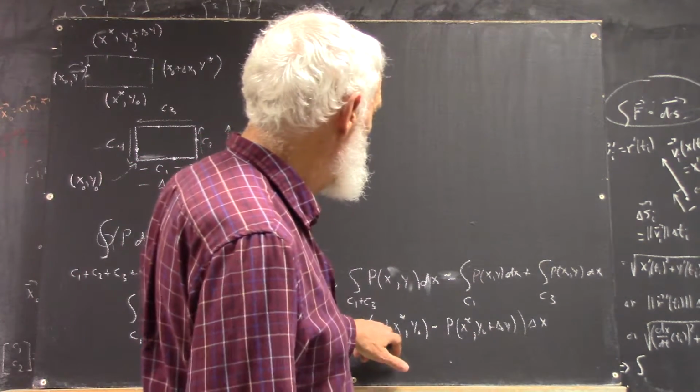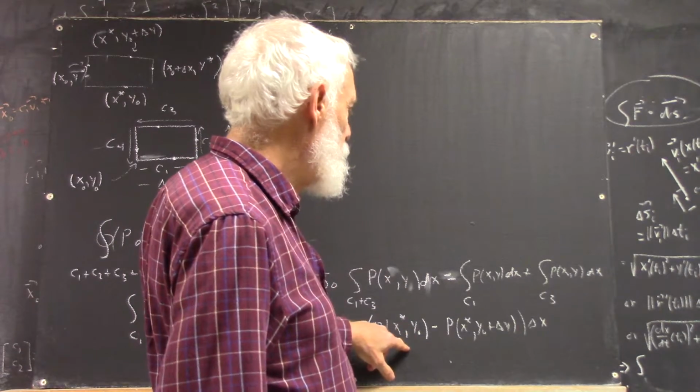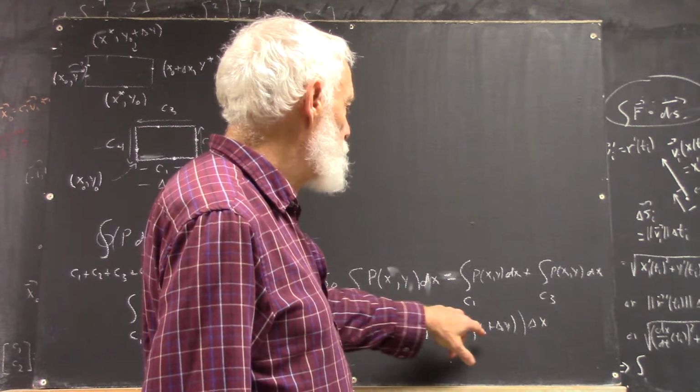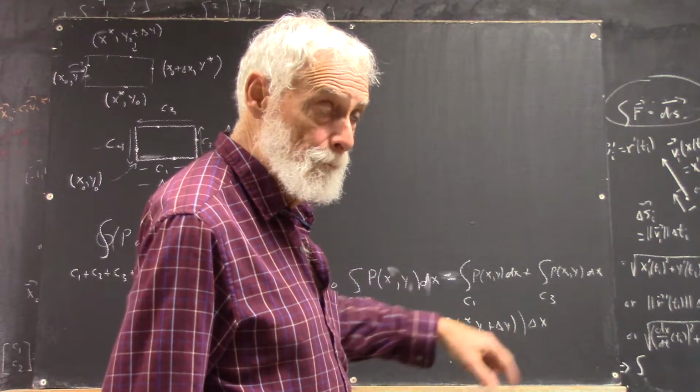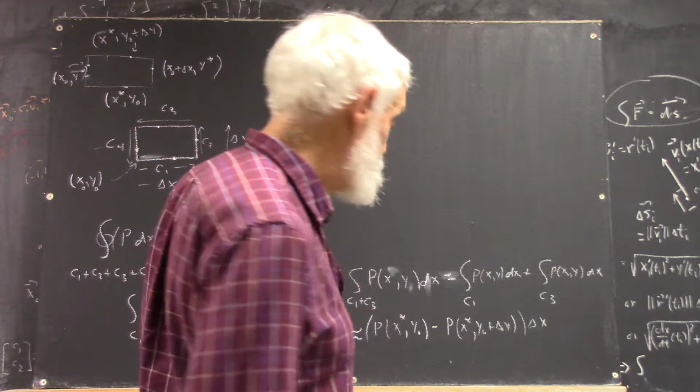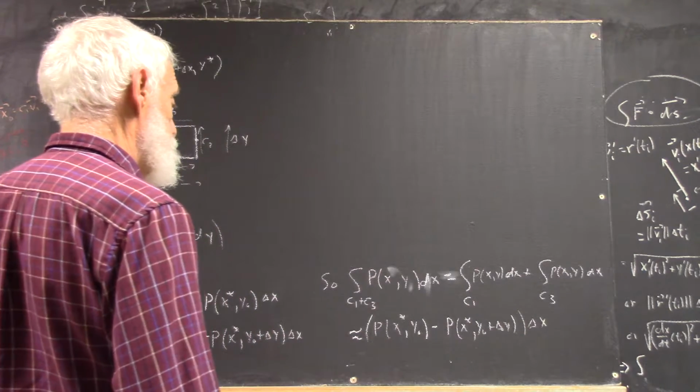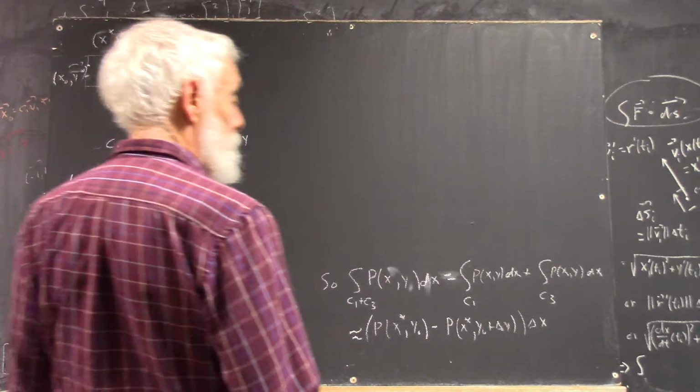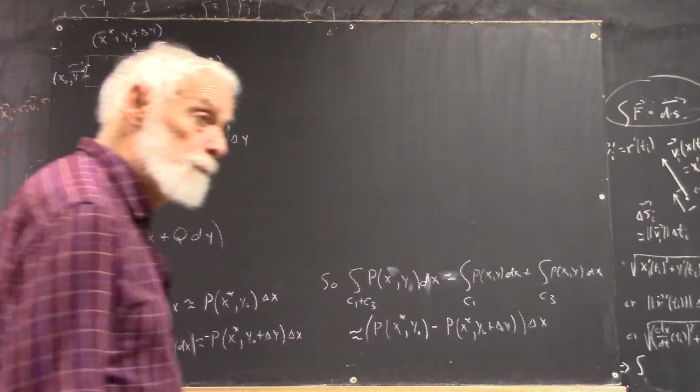How is P of X star, Y naught going to be compared with P of X star, Y naught plus delta Y? They're going to be approximately equal. Yeah, but what's the difference going to be?